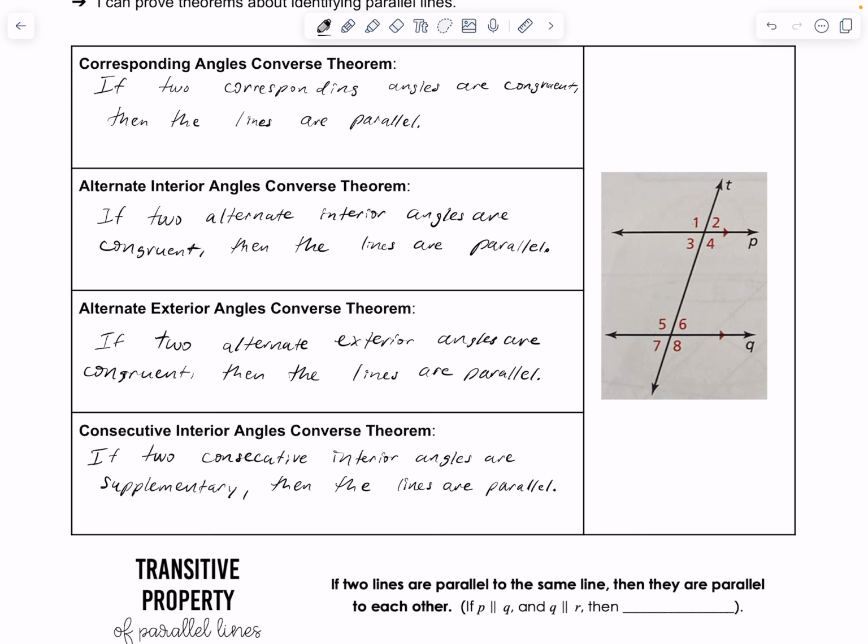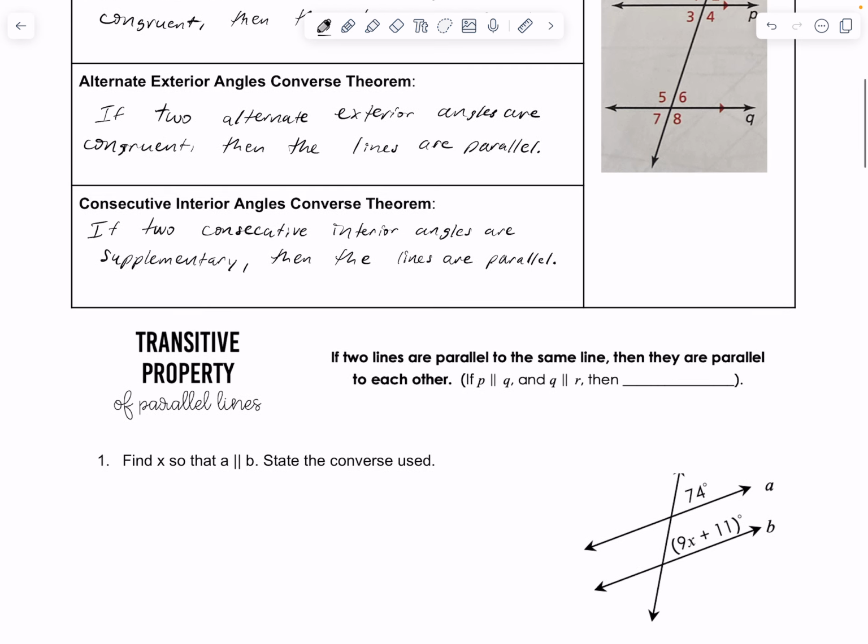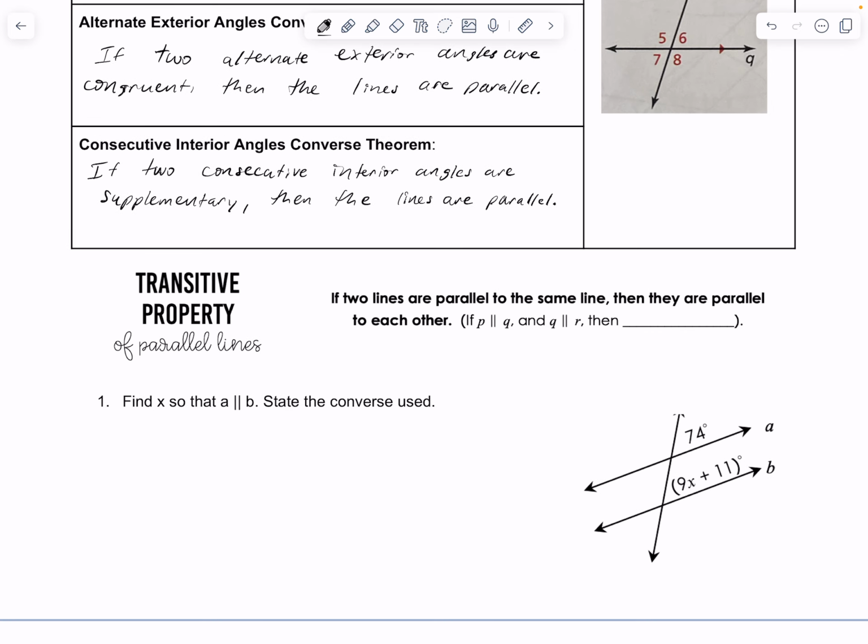Okay, now one more property you need to know about before we move on is the transitive property of parallel lines. You guys probably already know the transitive property from your days in middle school, but if you don't, the idea is, if A equals B and B equals C, then A is equal to C. That's the transitive property you would have heard of.